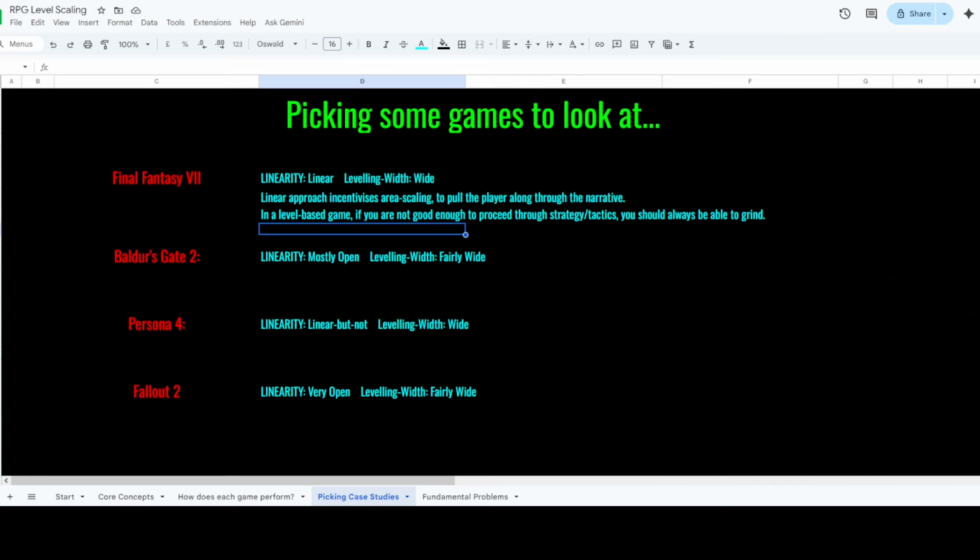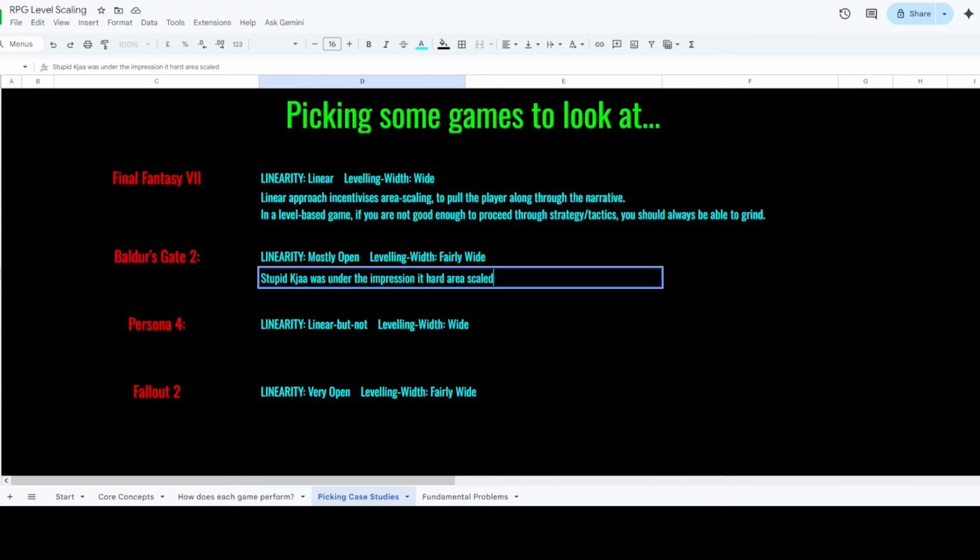Moving to Baldur's Gate 2, and this one, as I mentioned, I was under the impression it had area scaling.